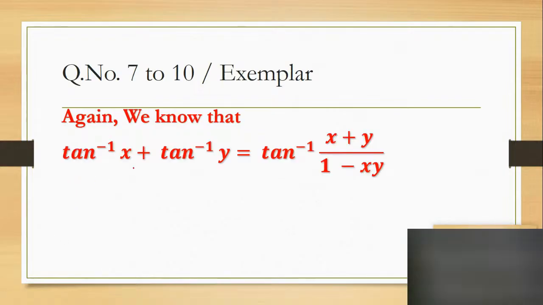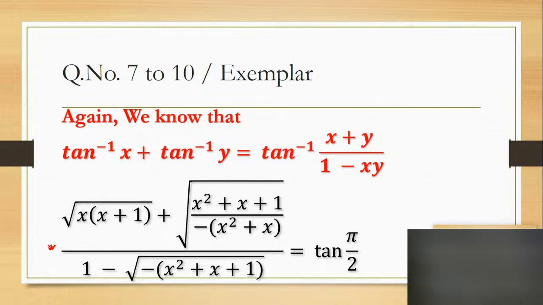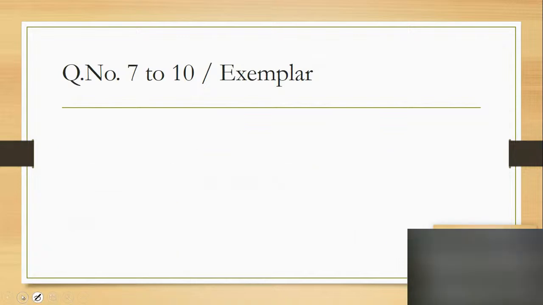So tan inverse, again I recall the formula, tan inverse x plus tan inverse y equals this one. Instead of x, we have (x+1) over root, plus x square plus x plus 1 by minus x square plus x, by 1 minus x square plus x plus 1 over root, equal to tan pi by 2. So this tan inverse moves to the right hand side. Let's see the next step.